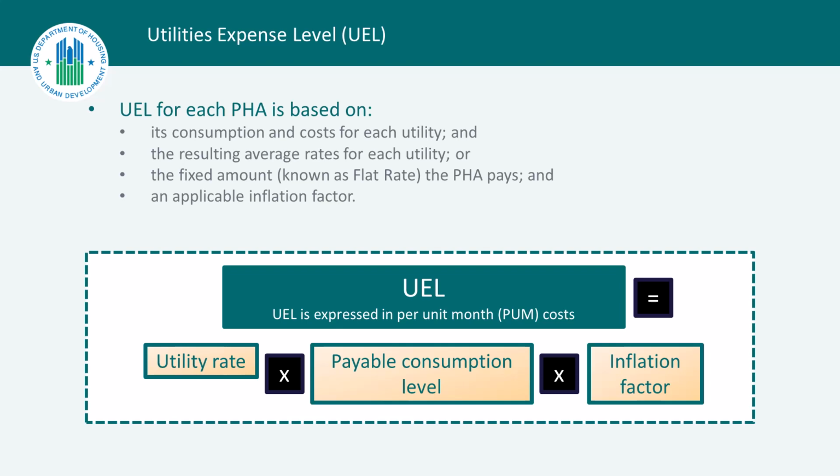In such circumstances, the flat rate is multiplied by the inflation or deflation factor. The UEL compares consumption for the current reporting period to the average consumption for the prior 3 reporting periods. The formula provides a slight increase if consumption decreased and a slight decrease if consumption increased. UEL is expressed in per unit month, or PUM, costs.